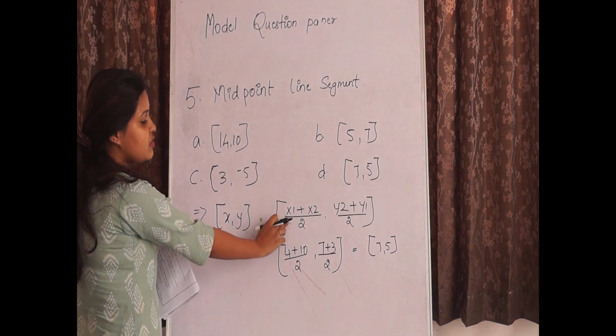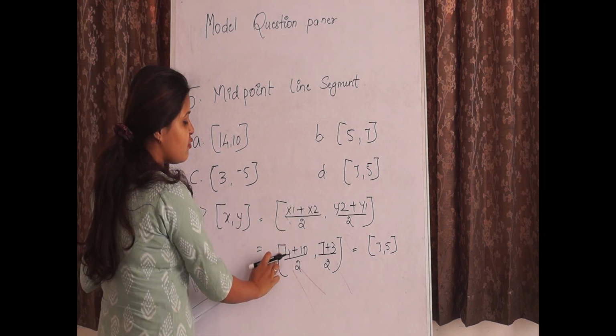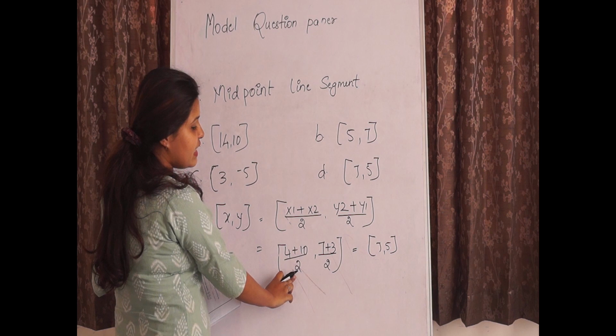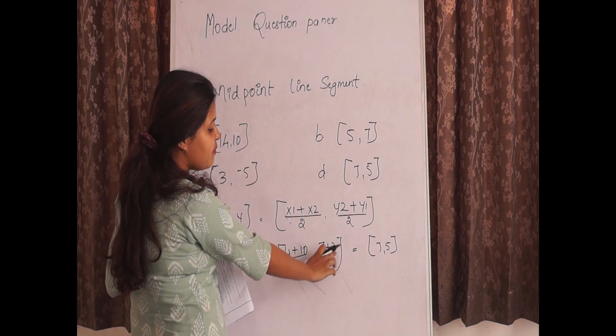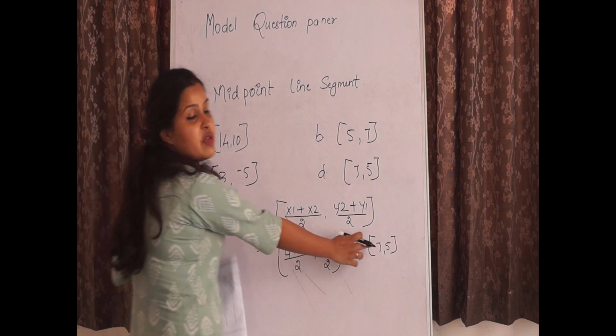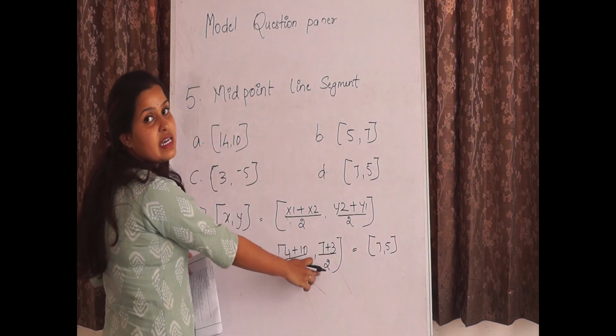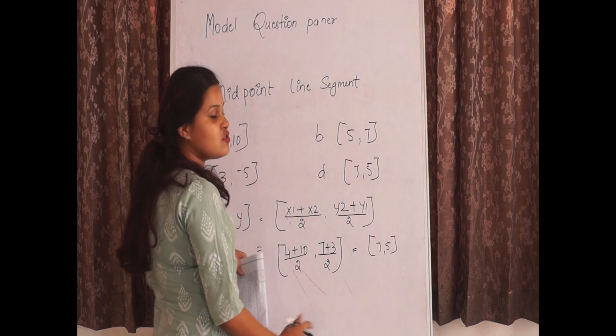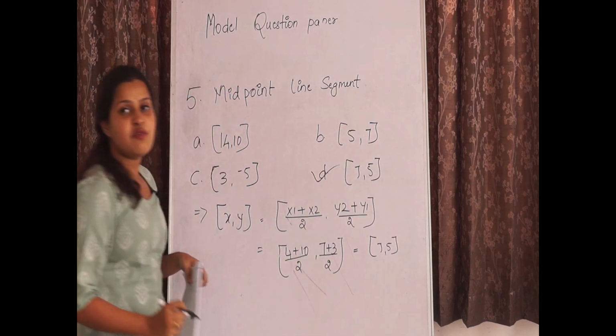Now let's put x and y as 4 plus 10 divided by 2 and 7 plus 3 by 2. 14 divided by 2 will be 7, 10 divided by 2 will be 5. So the answer is 7 and 5.